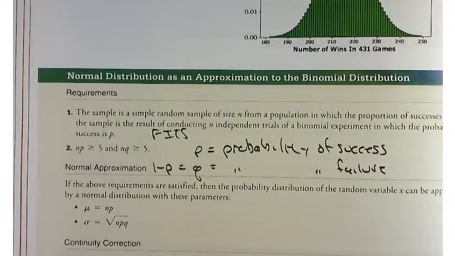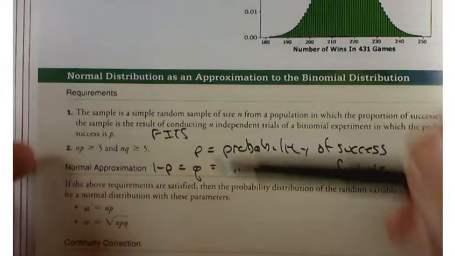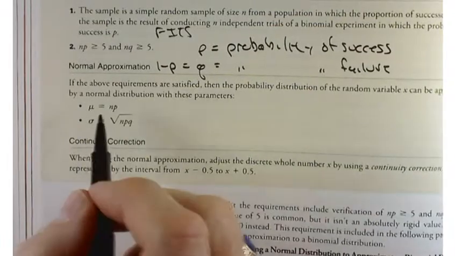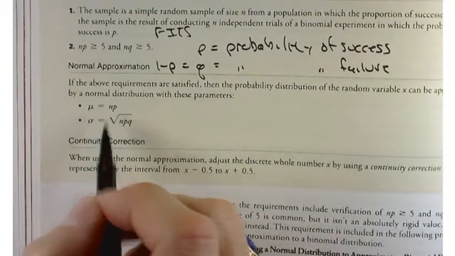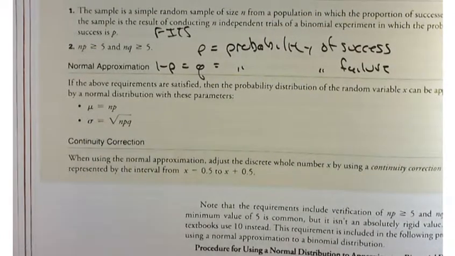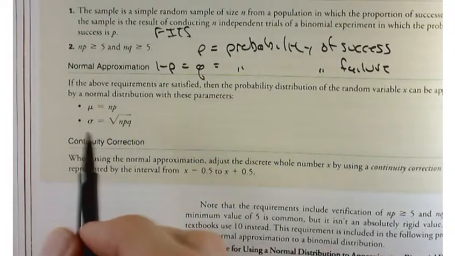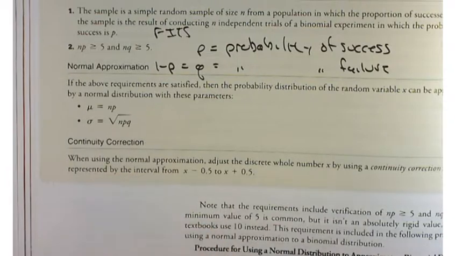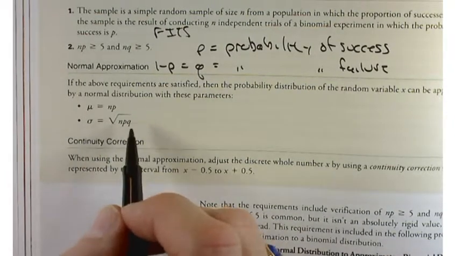And if that's the case, then we can make a normal approximation to the binomial curve. No surprise, we're going to use the normal curve with the same mean and same standard deviation as our binomial distribution. That mean, you might remember, is n times p, and the standard deviation is the square root of npq.